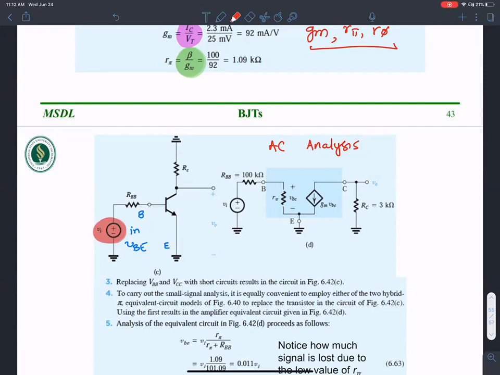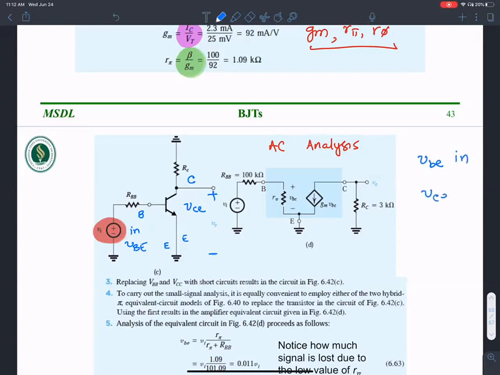Where is the output? The output is between the collector and ground, which is emitter. So this V output is between collector and emitter, VCE.